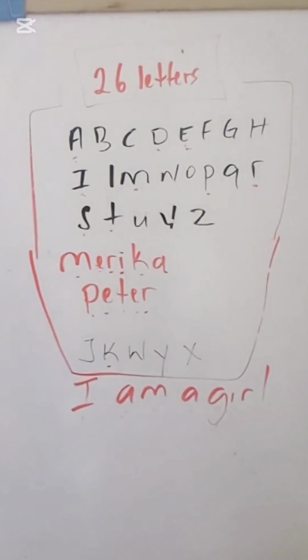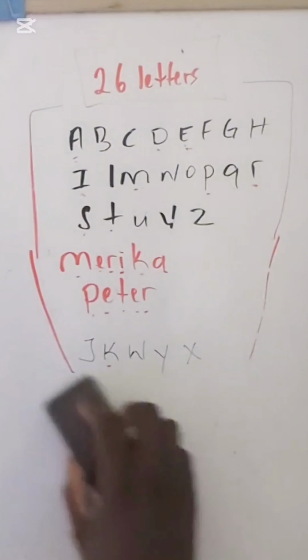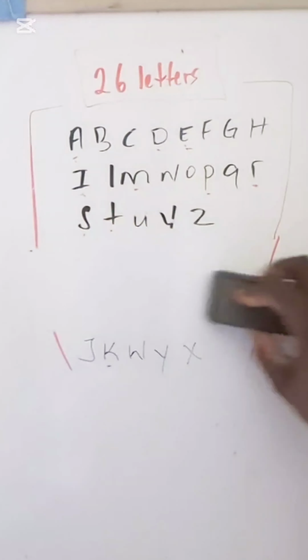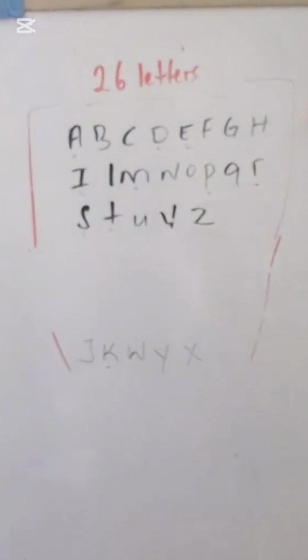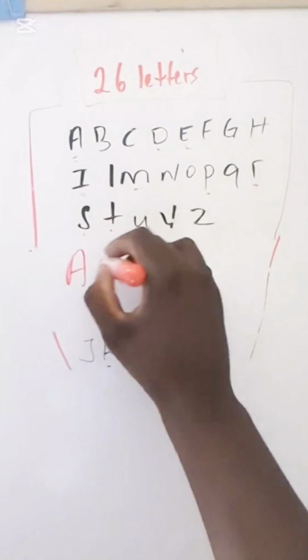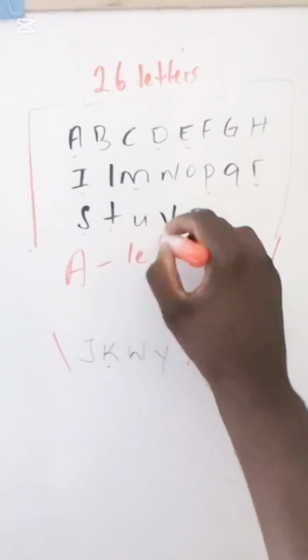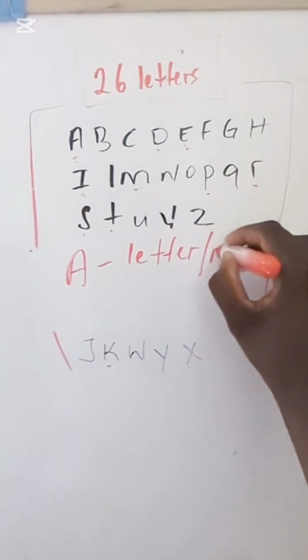I hope that is clear, because what I'm going to say to you now is every single letter that is in the alphabet is two-faced. When I said two-faced, what I mean is that the letter itself represents a name.